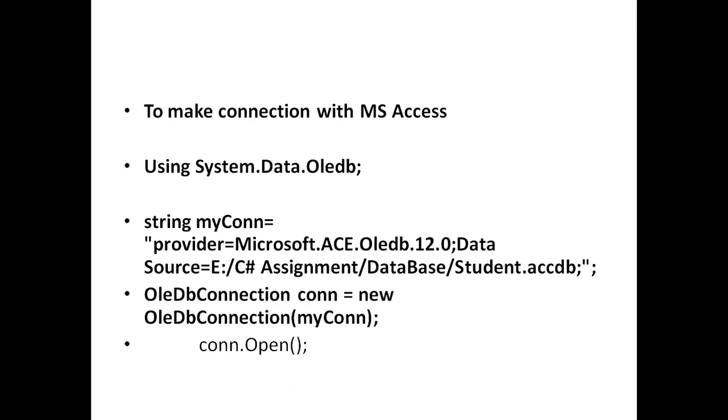Then create the object for OLEDB connection from this OLEDB class, that is OleDbConnection. Connection is a variable that I have declared for the connection. So connection equals new OleDbConnection with your string, that is with your provider, and make connection.Open.